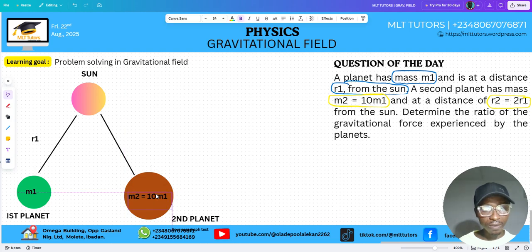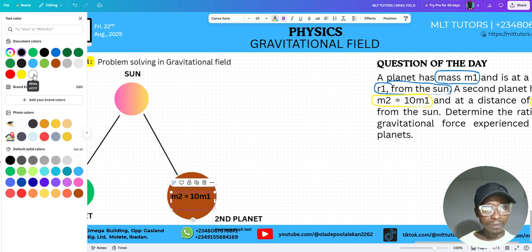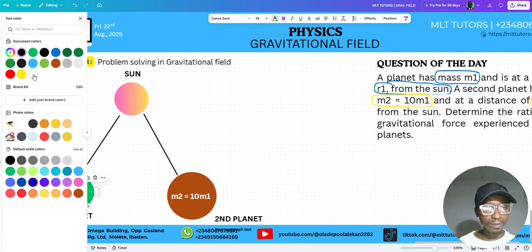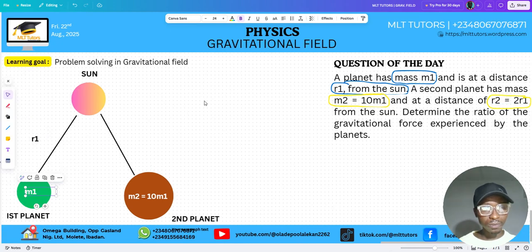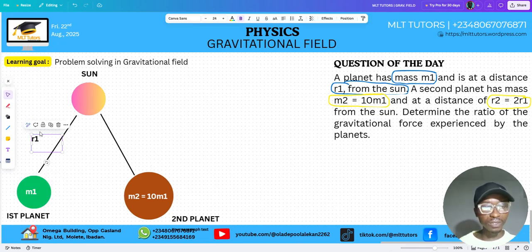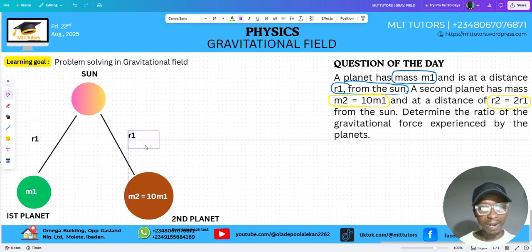Let's change their colors to make it more visible. All right, that's perfect. Let's change the color of the mass M1 too to make it more visible. Then remain the distance between the Sun and the second planet, and that's given by R2.